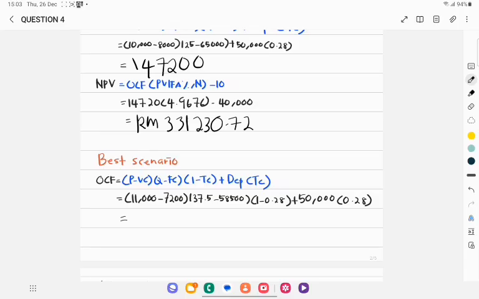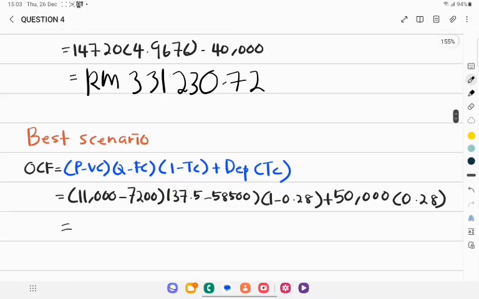So 11,000 minus 7,200 multiply 137.5 minus 58,500 multiply 1 minus 0.28 plus 50,000 multiply 0.28. So the answer for the OCF is 348,080.